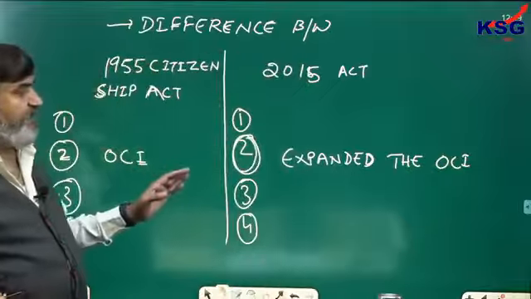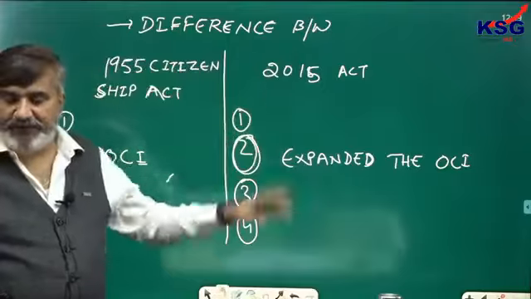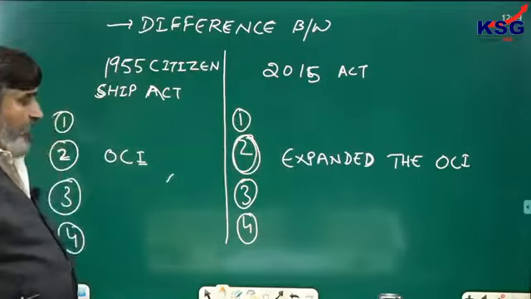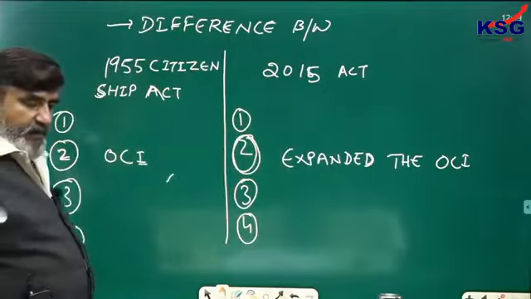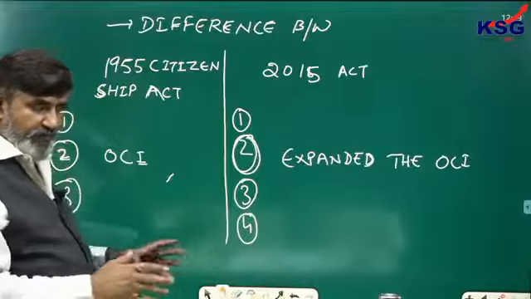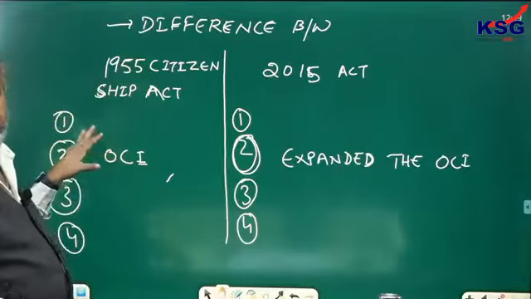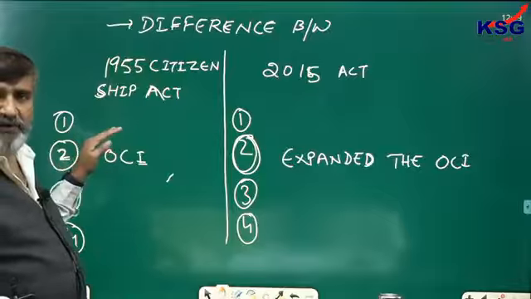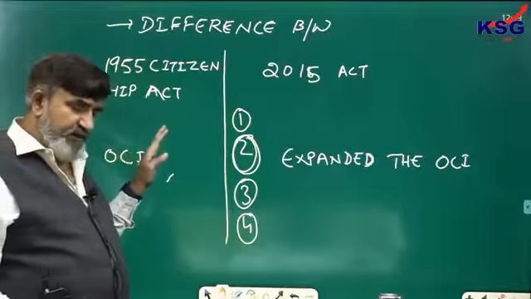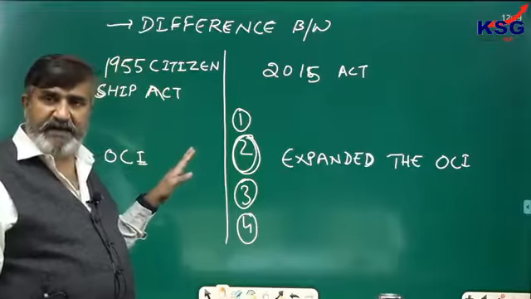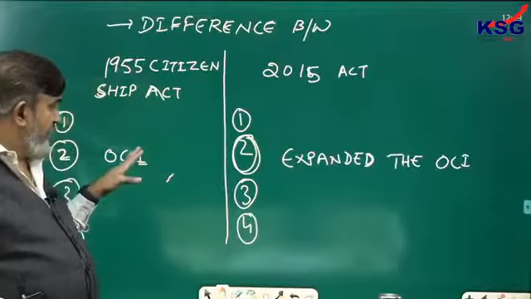It expanded the definition of OCI. Now try to understand how and what was done. You know the definition of OCI, that any foreign national who was eligible for Indian citizenship on 26 January 1950, right?